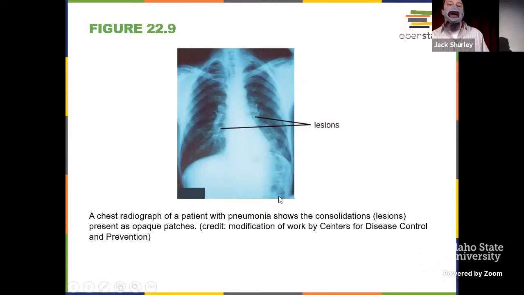We'll see that guy here in a minute, all right? So these consolidations or lesions here showing areas where basically the alveoli are full of fluid, full of bacteria, causing this occlusion or consolidation in a radiograph.